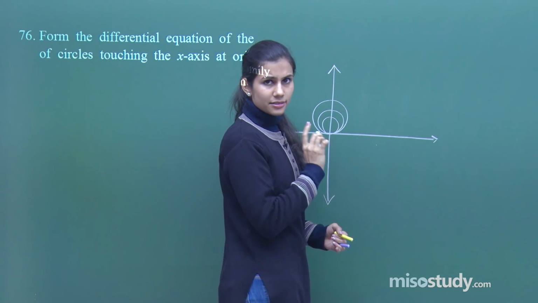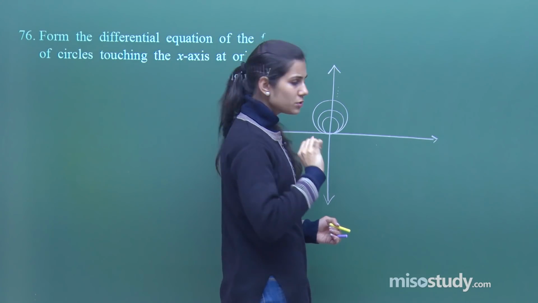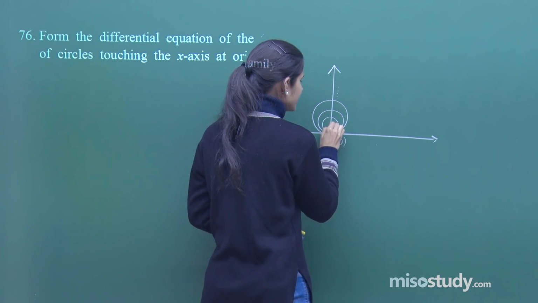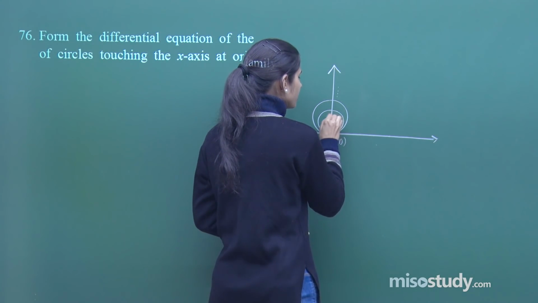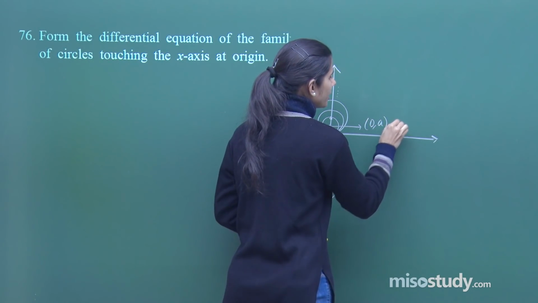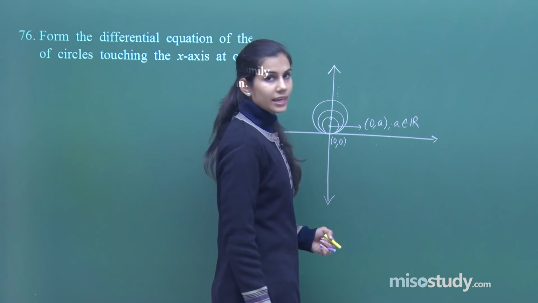If you consider this family, it can go on and on. Two things are there. These circles are passing through origin and their centers are lying on the y-axis. So therefore, their centers are going to look like (0, a) for some a on the real line.